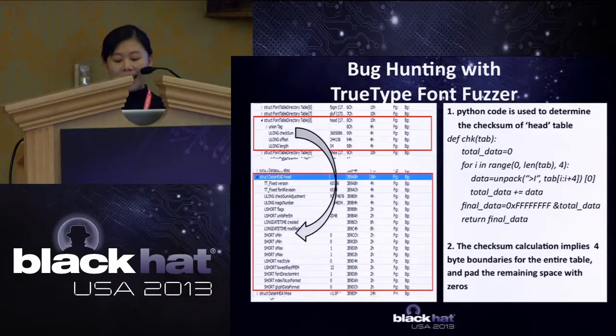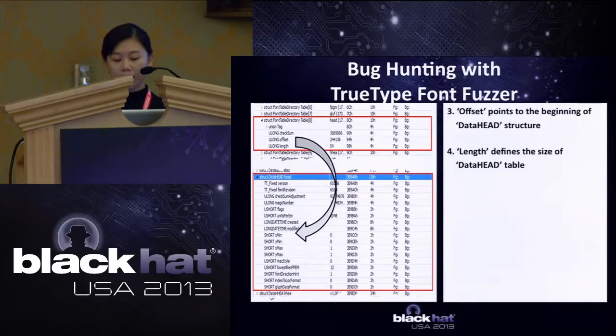Another thing we need to highlight is that the checksum calculation implies 4 byte boundaries for the entire tables. It means that if there is any remaining space, it will be padded with zeros. Besides the checksum values, other important values are the offset and length values.